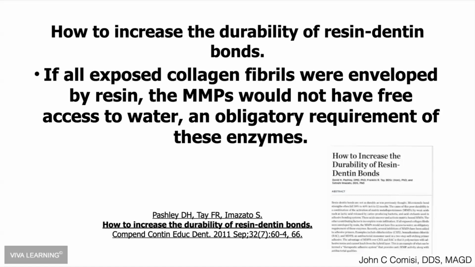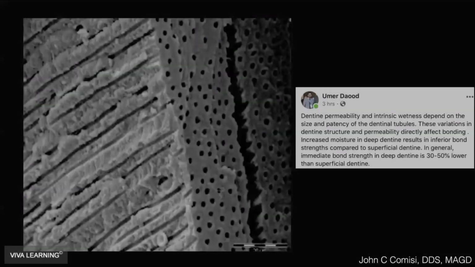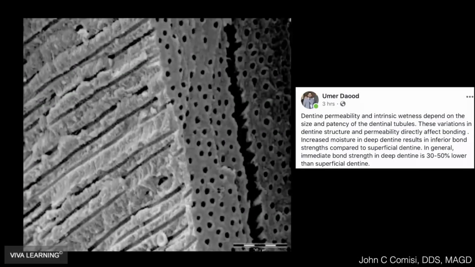But again, there's always going to be that section that for whatever reason, the bonding agent did not penetrate. And that's going to create the leakage, which is going to cause the biggest challenges. And again, going back to Umar Daoud, he talks about the permeability and the intrinsic wetness, depending on the size and the patency of the dentinal tubules.